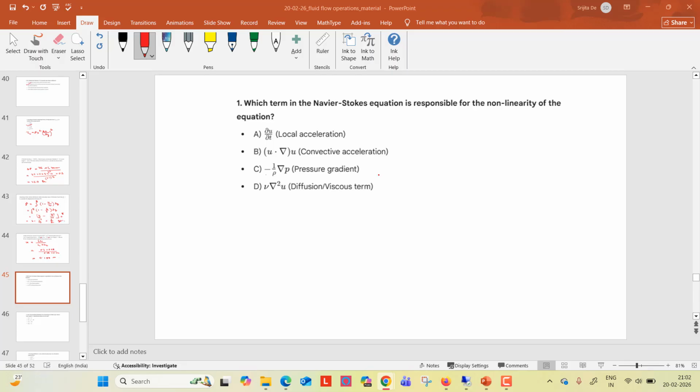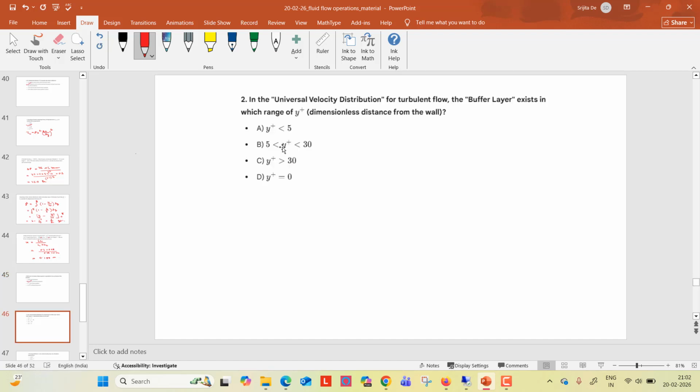This is option B. Next, in the universal velocity distribution for turbulent flow, the buffer layer exists in which range of y plus? It is option B, between 5 and 30.